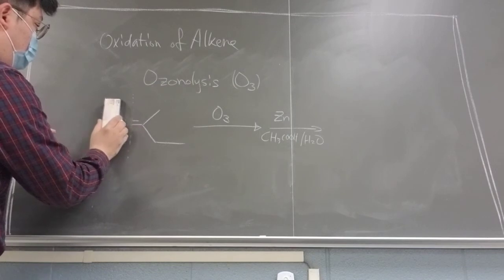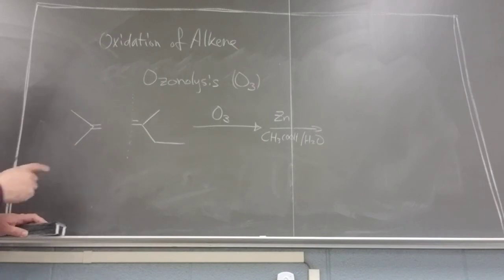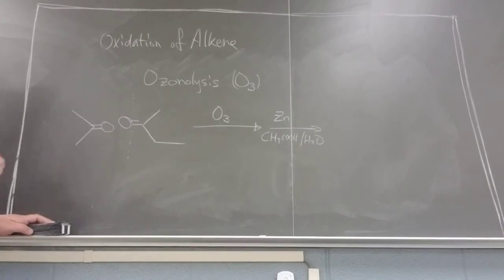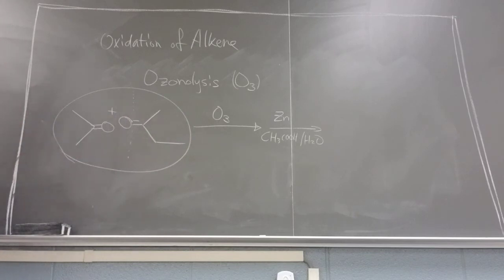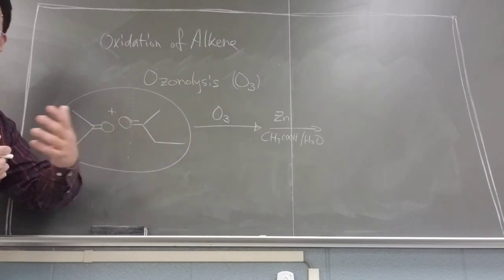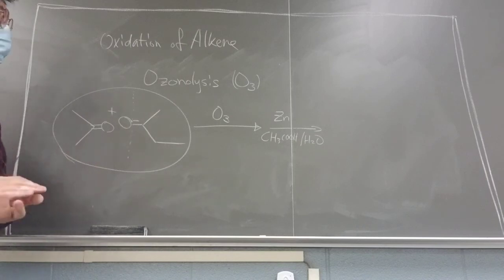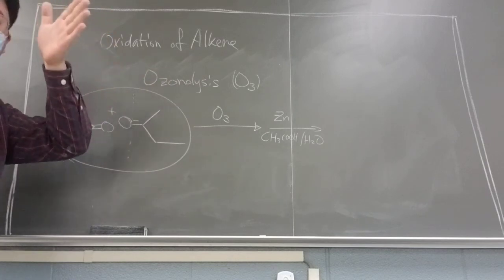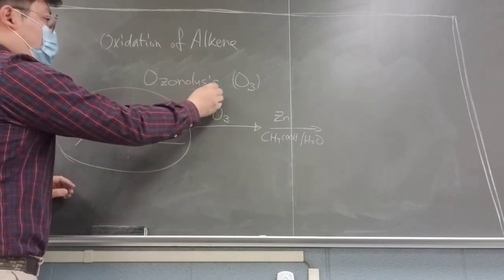So then this will become like this, right? We break in half and just put oxygen. That's it. That is your product from the original reactant. The product is actually quite simple, because you only have to break it and put the oxygen there. We call this ozonolysis because it literally breaks the double bond with O3. So this is breaking, this is the ozonolysis.